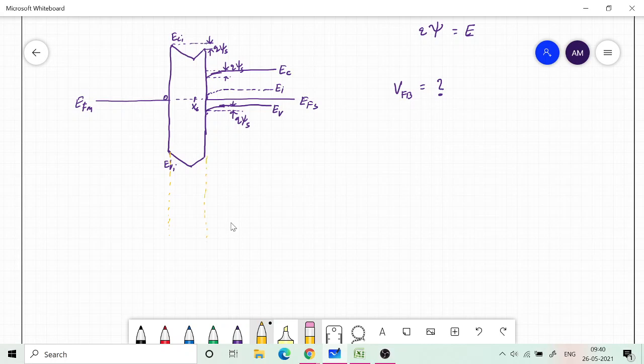It is very similar to the case of phi ms negative, right? If you compare phi ms negative, we had a similar bending. The bending was toward the downside in the energy band diagram. Here also it is downside, and in order to remove that, we applied a negative voltage, right? So here also we need to apply a negative voltage.